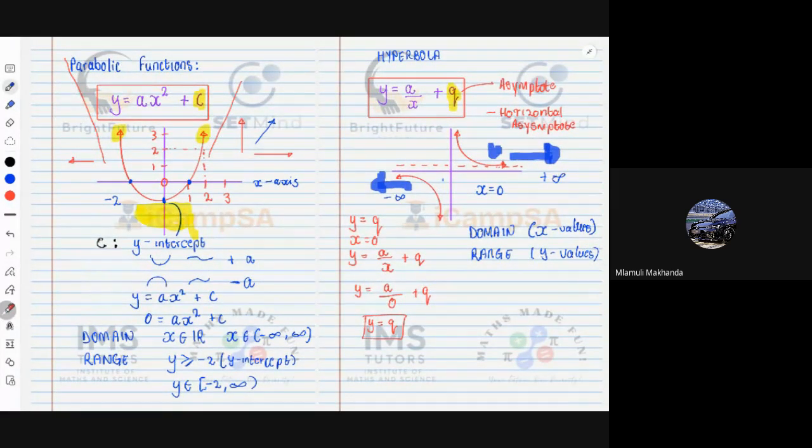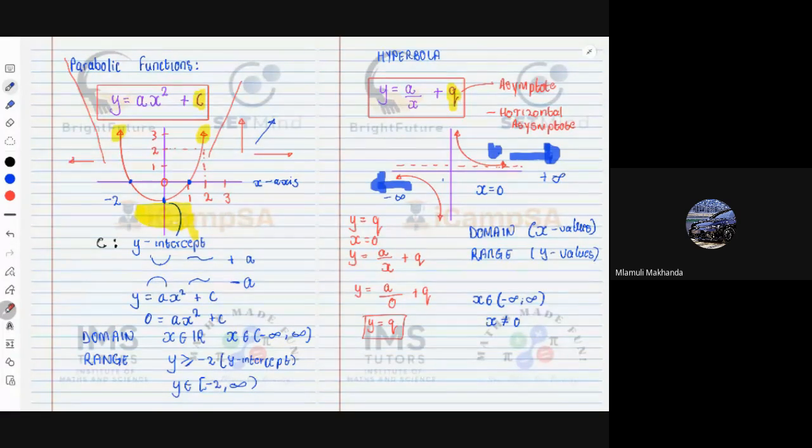So for our domain, we're going to say x is the element of negative infinity up until positive infinity. But x can never be equal to 0, because that is our asymptote there.